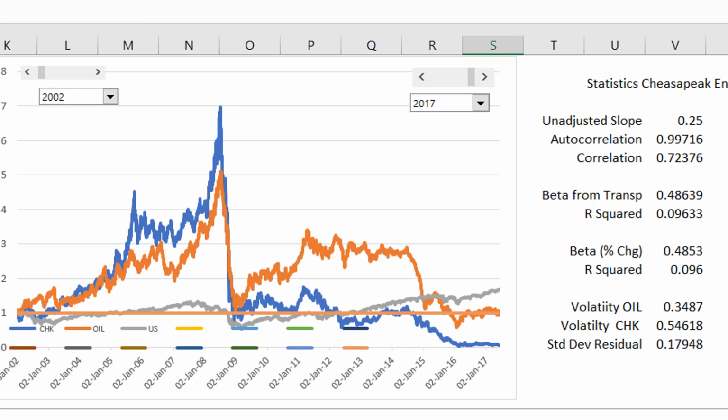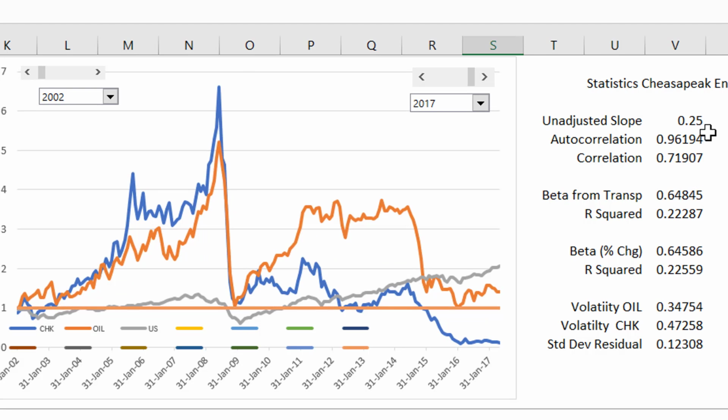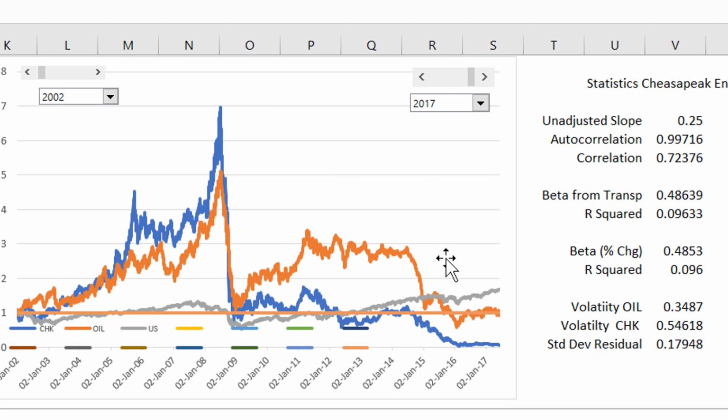Now, you get a slightly different autocorrelation in 64. It still gives you about the same number. I should be better explaining. I believe the right number is to take the finer data. Okay, I'm just saying that.